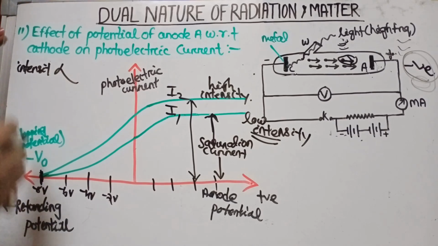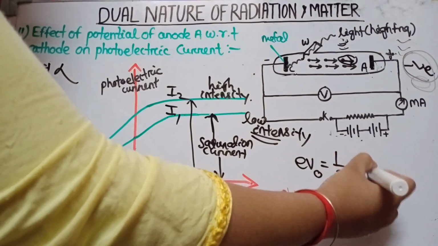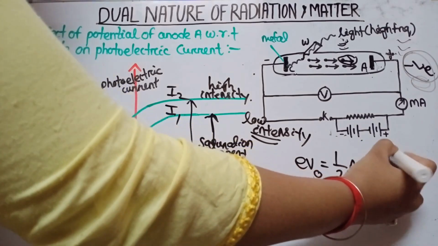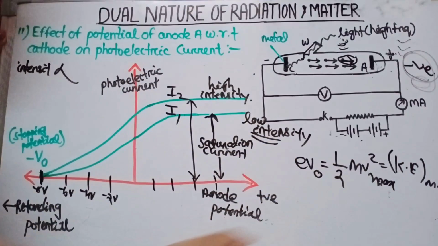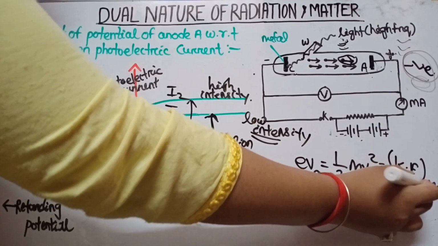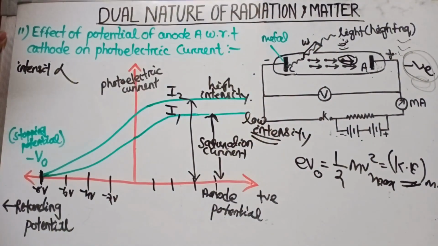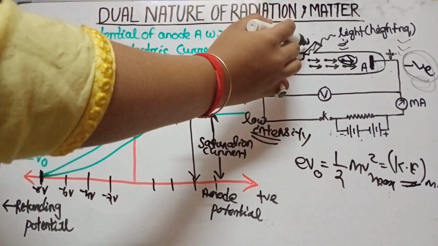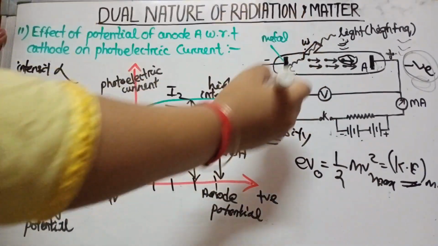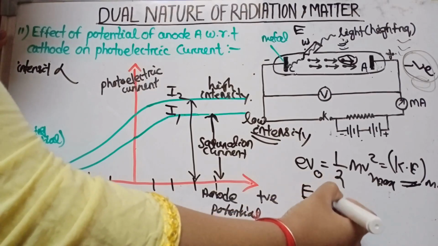How? Because the stopping potential eV0 equals half mv max square, which equals the kinetic energy. That means the stopping potential depends upon the kinetic energy, that is the energy of the incident light, not the intensity of the incident light. The energy of incident light is E equals h nu.